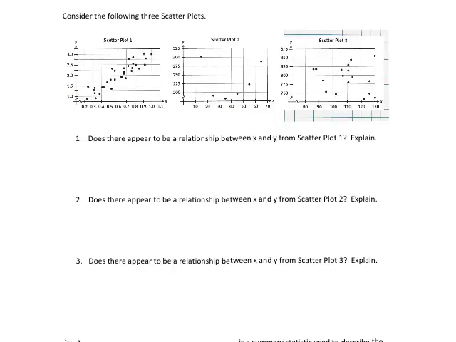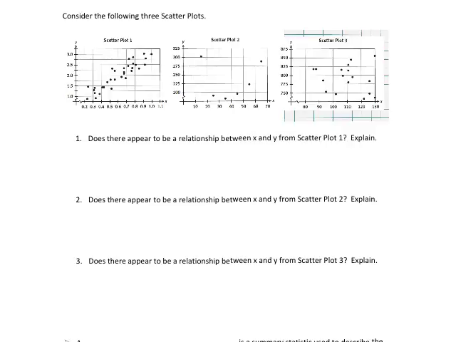Let me ask you another follow-up question. Does this relationship appear to be positive or negative? What do you guys think? Positive, right? Because this relationship would have a positive slope. It's increasing. That means it has a positive relationship.